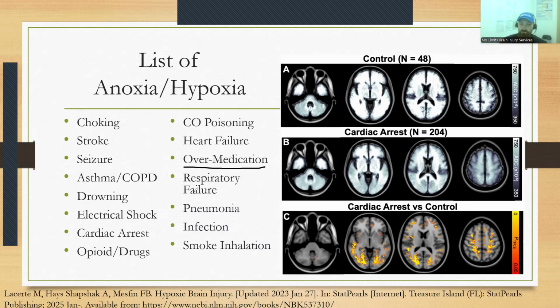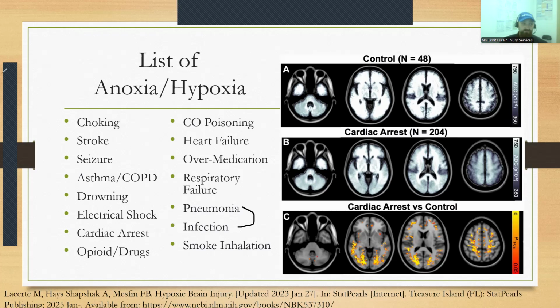We also have respiratory failure. Maybe this is tied with asthma or COPD, but maybe there's something wrong with the lungs. Maybe there's something wrong with the diaphragm. Pneumonia and infection kind of go together in this case, because if you cannot breathe, whether by pneumonia, tension pneumothorax, a hemothorax, or an infection in your lungs, if you're not getting sufficient airflow, you could go into a state of hypoxia pretty quickly.